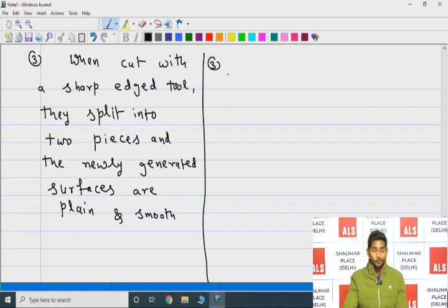And here it is not true. The newly generated surfaces are not smooth actually.